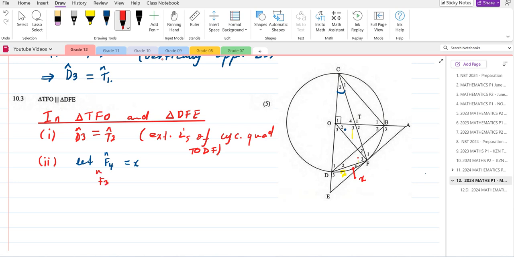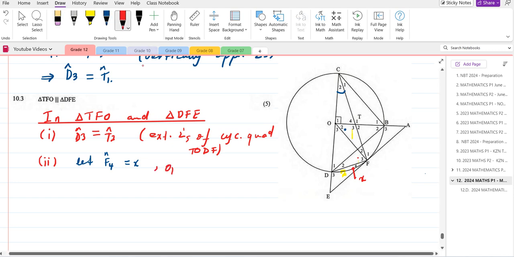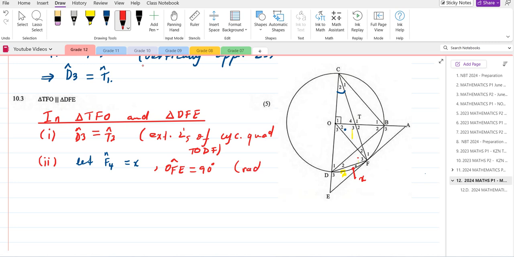First we should write radius perpendicular to tangent. We should say angle OFE is 90. Let's write that down. OFE is equal to 90 degrees because radius perpendicular to tangent.